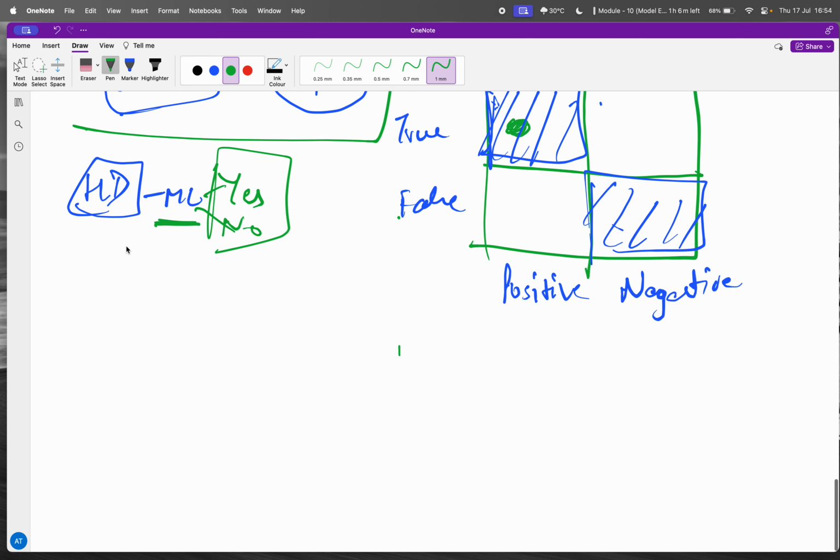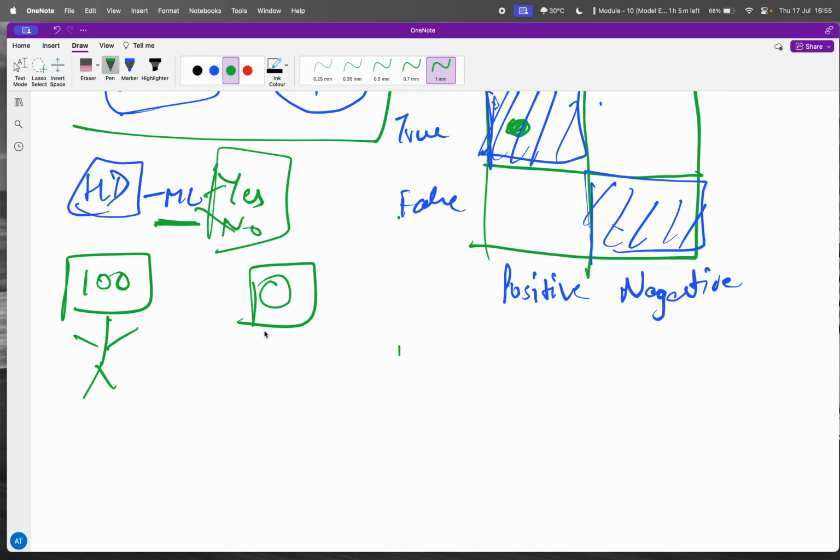What I was trying to say: let's say 100 patient records, like 100 patients visited this robot. There is a robot, something like this, which looks like this, a gun in hand to shoot the patient. But yeah, this is our robot, a robot which has to classify whether this person has heart disease or not.